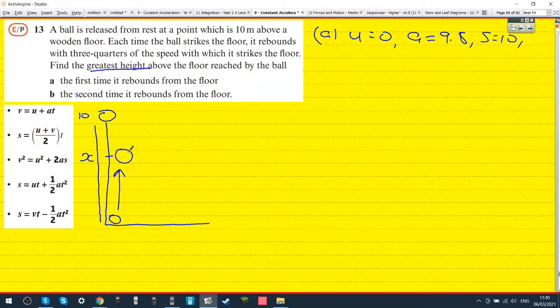Okay, what would final velocity be? For which part of the journey? When it hits the ground. Yeah, that's what we need. So we need to work that out first.